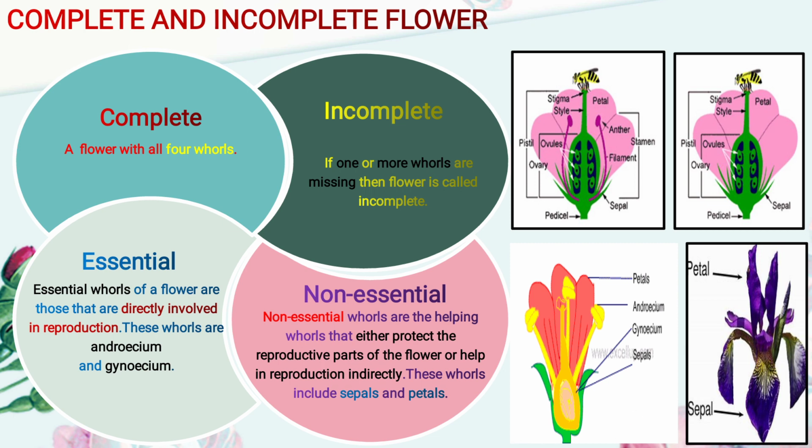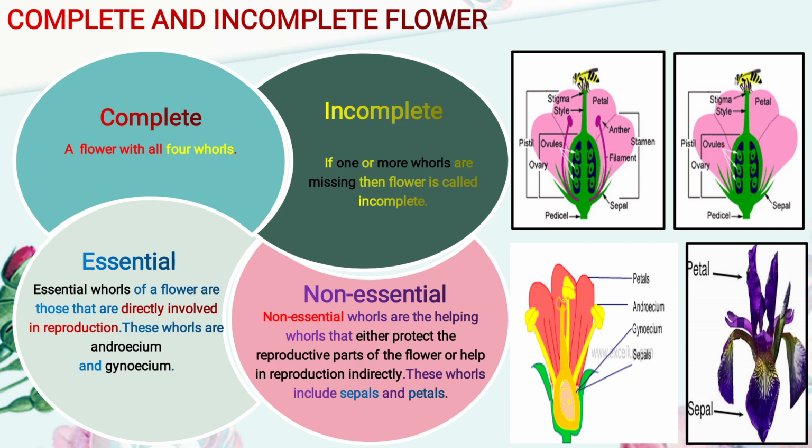So that is the helping one. Either they protect or they take part indirectly in reproduction. These whorls include sepals and petals, or you can say calyx and corolla. So they are non-essential. Essential are androecium and gynoecium. Non-essentials are sepals and petals.